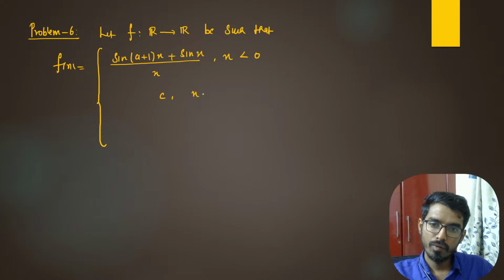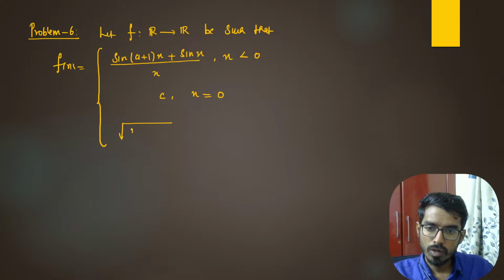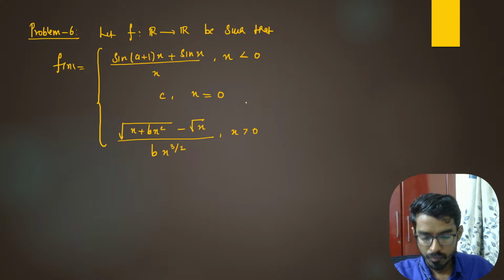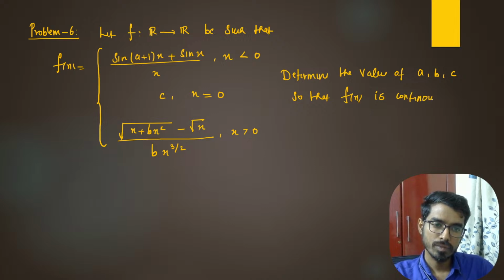It is c when x is equal to 0, and this is root of (x plus bx square) minus root x, divided by b into x power 3 by 2, when x is greater than 0. Determine the values of a, b, c so that f of x is continuous at x is equal to 0.